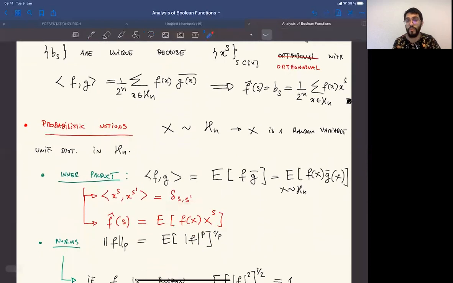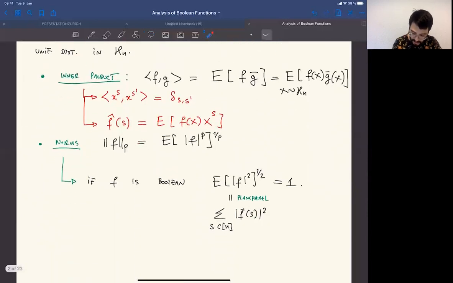So the norm of each of these functions is 1, and that's why you get exactly this. Otherwise you would have to multiply by the norm of these functions, but it is 1.